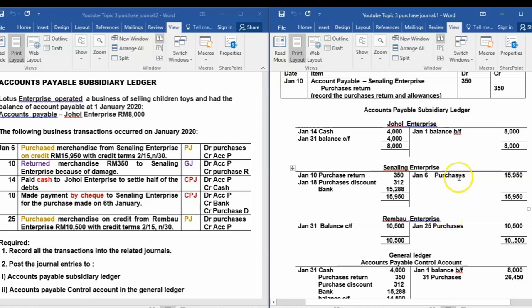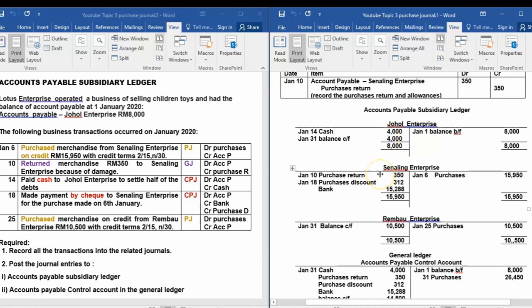So we look at Johor Enterprise. Johor Enterprise had a balance at 1st of January of 8,000, and we paid Johor Enterprise on 14th of January 4,000. So at the end of the month, Johor Enterprise had a balance of 4,000.